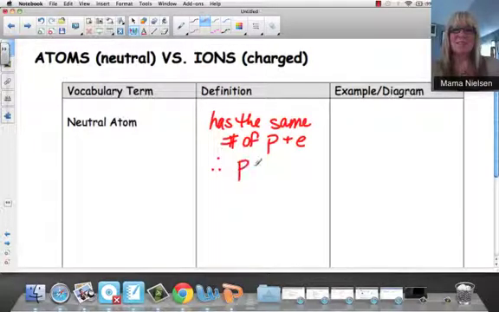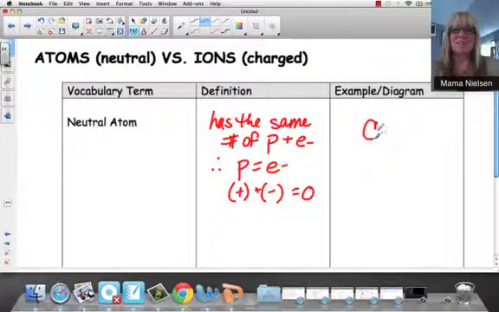Therefore, P equals E. Very simple. We know that protons are positive and electrons are negative, so a positive plus a negative is equal to 0. So that's why we say neutral charge.